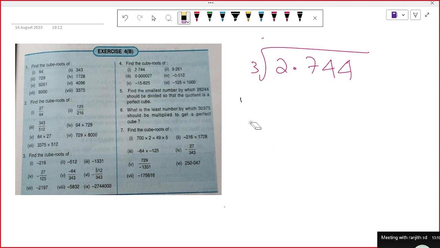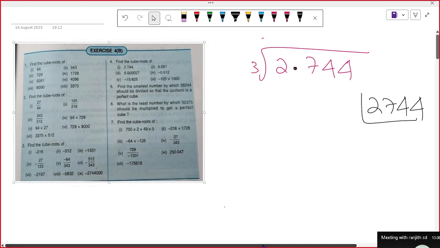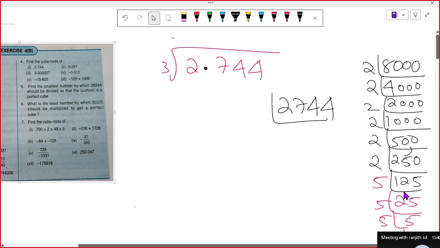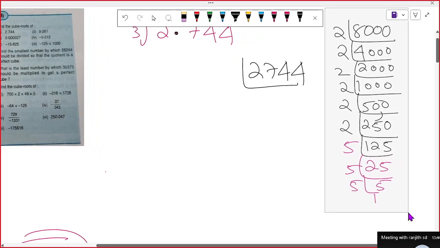And how many decimal numbers are given after the decimal? 3. Remove the decimal and first find the cube root of this. So 14, right, sir? 2744, yes.